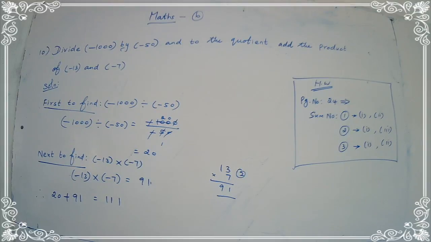In the second question, first and third. In the third question, first and second. Okay. The questions are very easy. That's a revision exercise. So I have given revision sums only. So you find the answer. Do it yourself. Okay children.